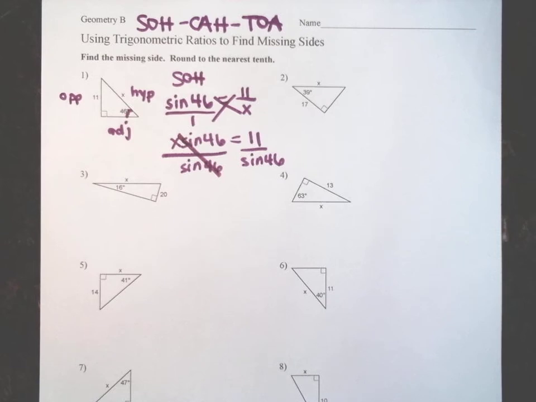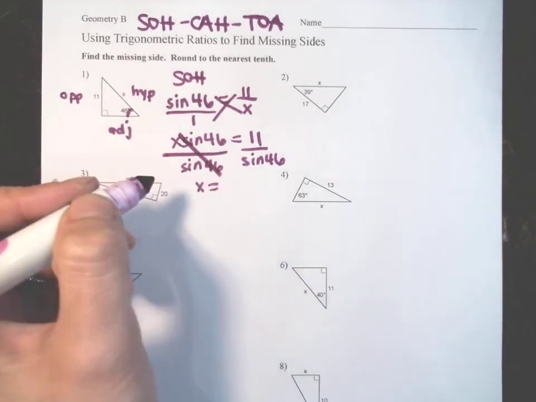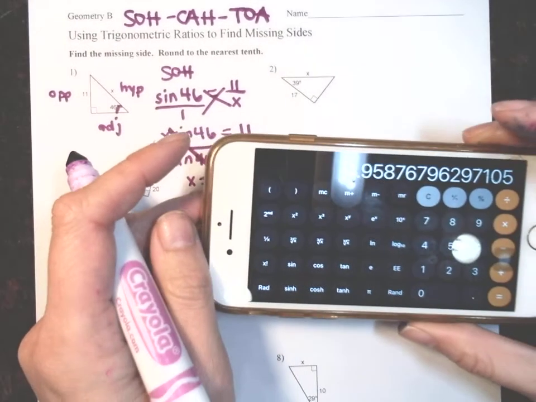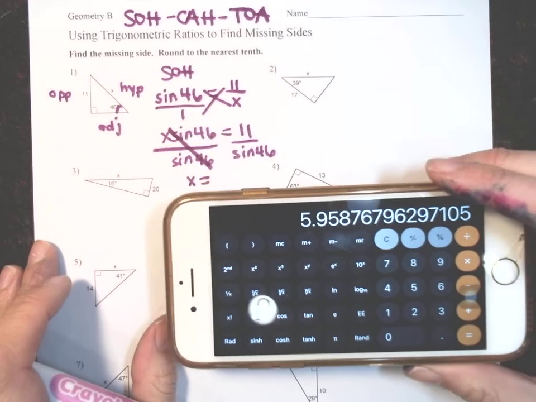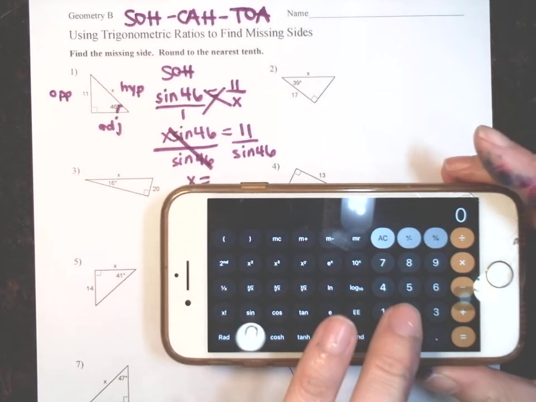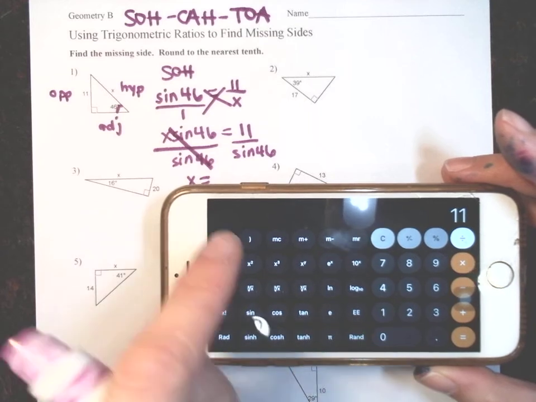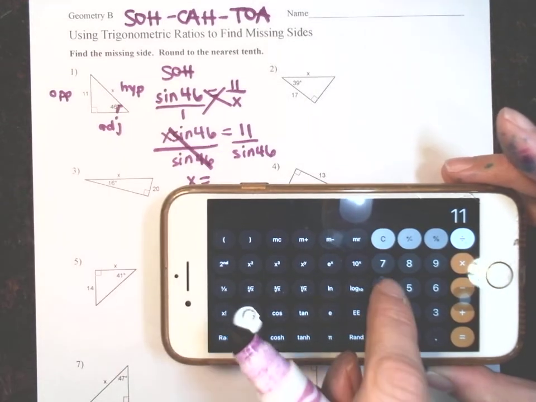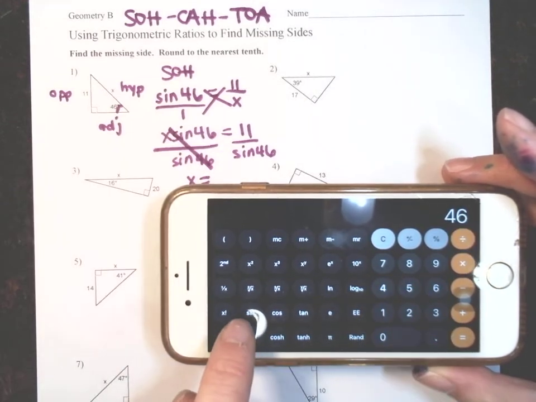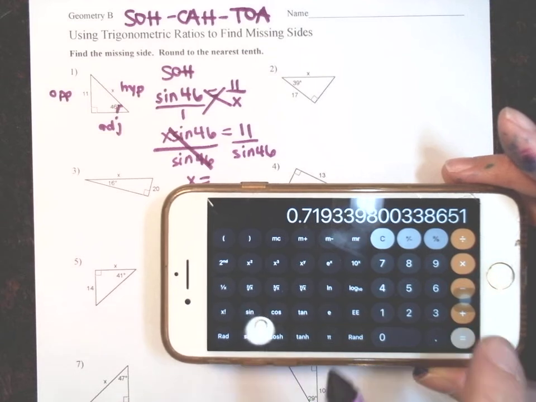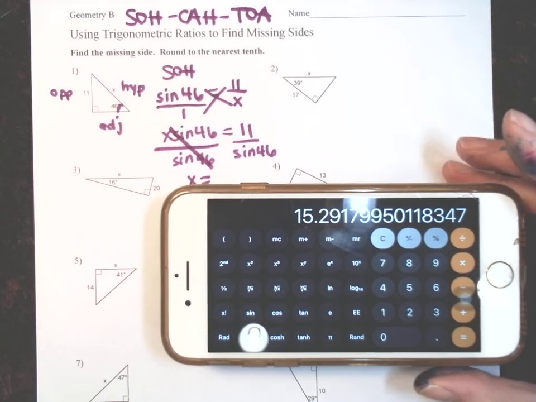So those cancel out, leaving us with x equals, here's where we need our calculator. We have 11, and we're going to divide that by, and remember on an iPhone you have to type the 46 first and then the sine button, equals 15.29.